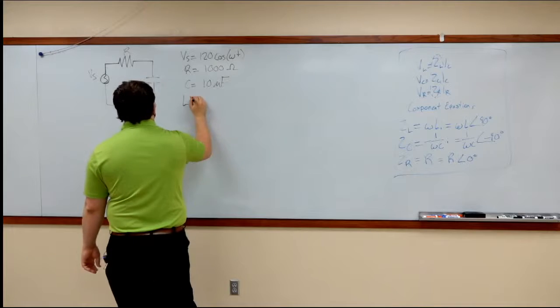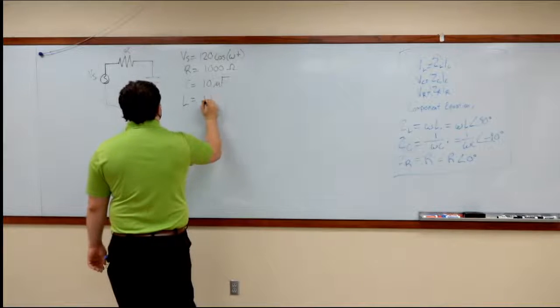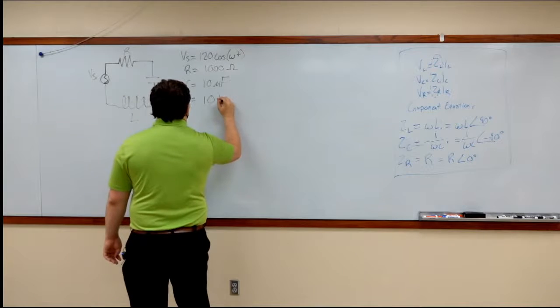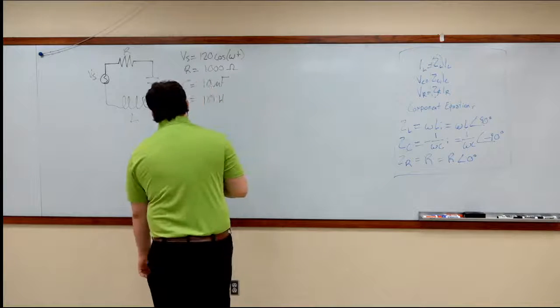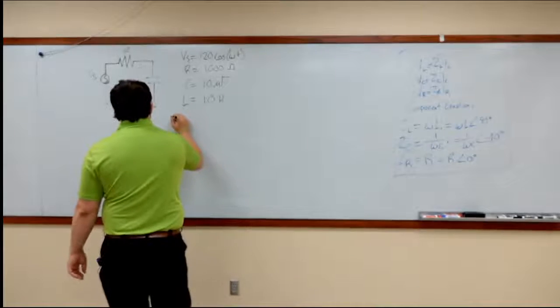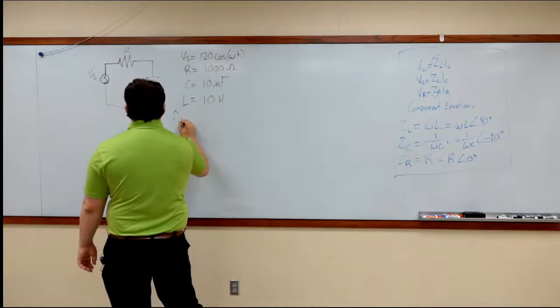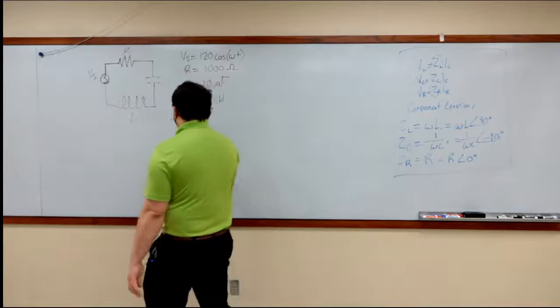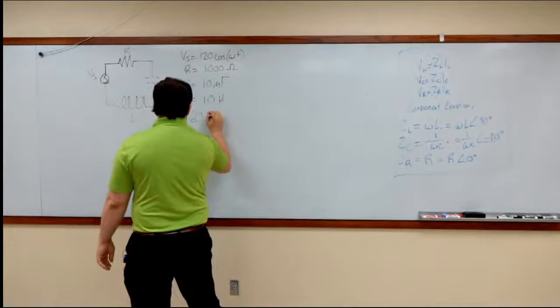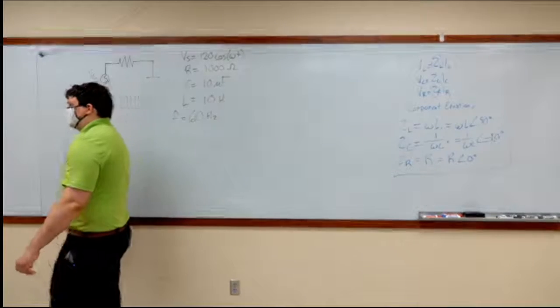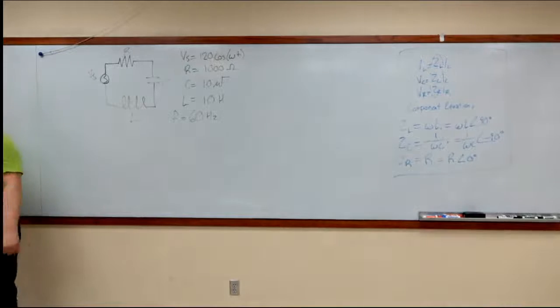And we'll say L is equal to, you know what, I like tens. 10 henries. Okay, and we know that the frequency of this system is equal to 60 hertz. Okay, and what I want to know is how much power is being provided to this circuit by the power supply.